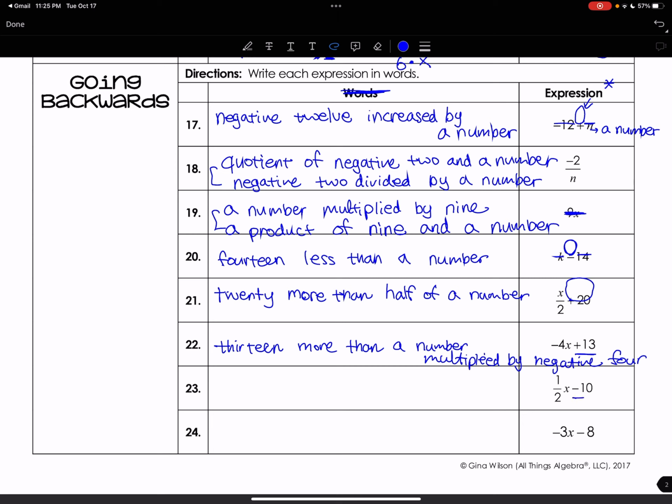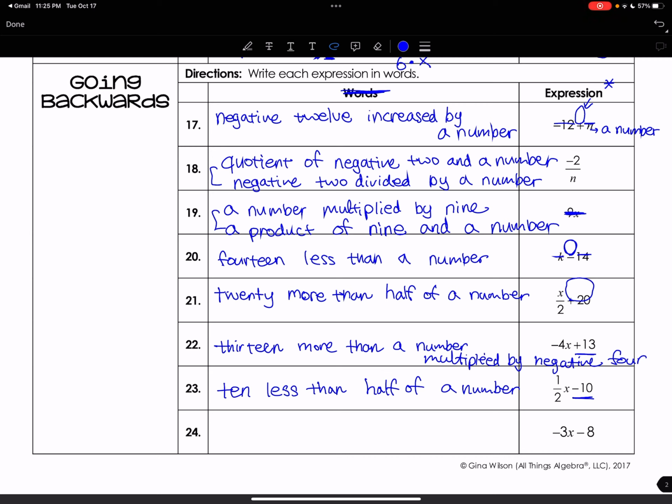And then again, I like the turnaround phrases. 10 less than half of a number.